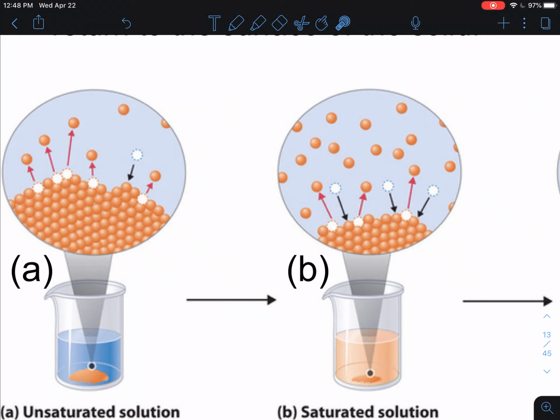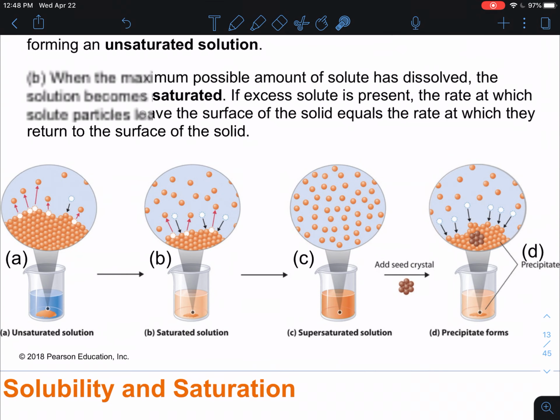And essentially what happens with the saturated example is that the rate at which the solid leaves the crystal lattice is equal to the rate at which it comes back down. Okay, so let me zoom out.